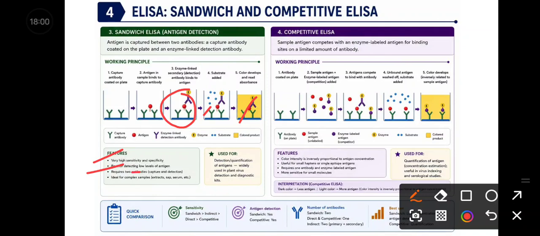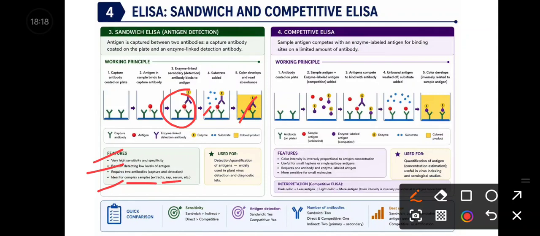Then it requires two antibodies, the primary and secondary antibody, for detection. Then ideal for complex samples like extract, sap, serum. So this is most widely used.